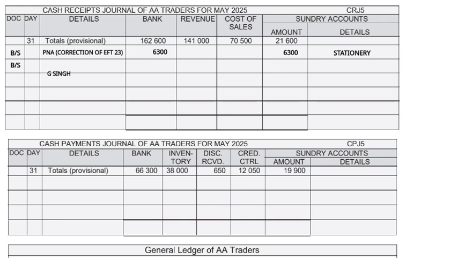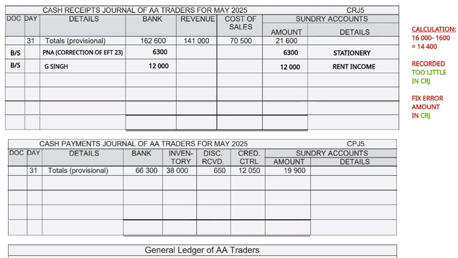My details is G. Singh. 12,000 in my bank column and 12,000 in my sundries column, and my details is rent income. Now I've recorded this income that I previously missed, so my bank account in my cash receipts journal must go up with this transaction 4.2 rent income.